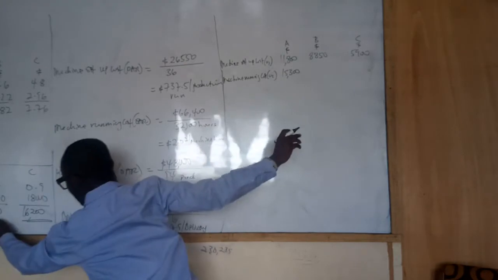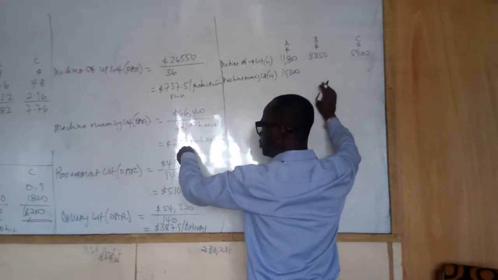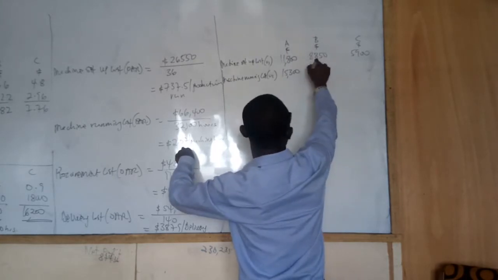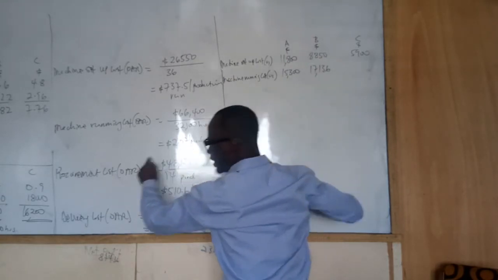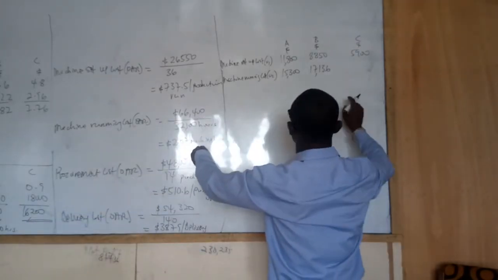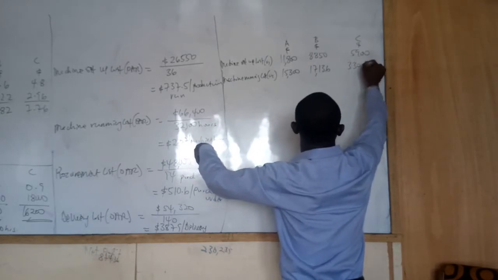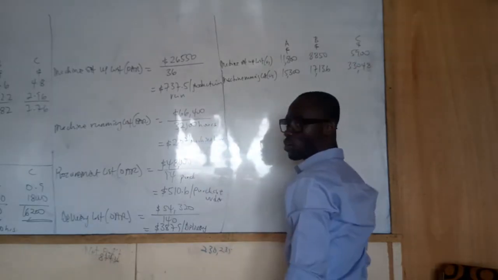Next, B did 8,400. So times the same thing, 17,136. C did 16,200 times the same 2.07, 33,048. So there you go for the machine running cost.